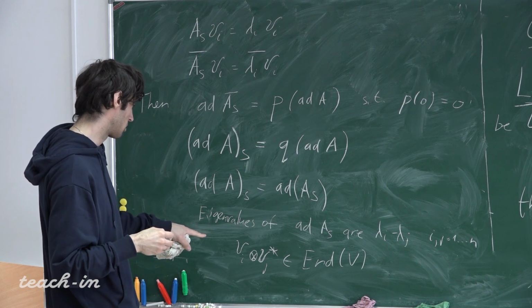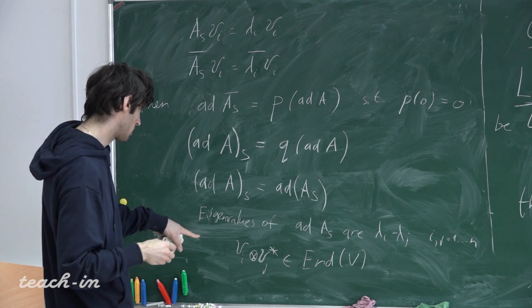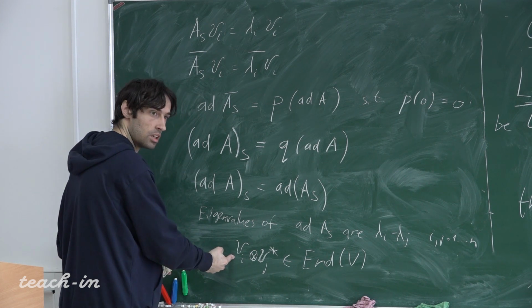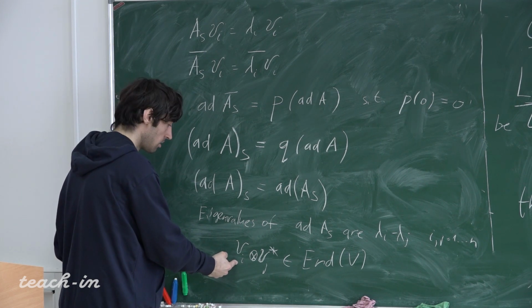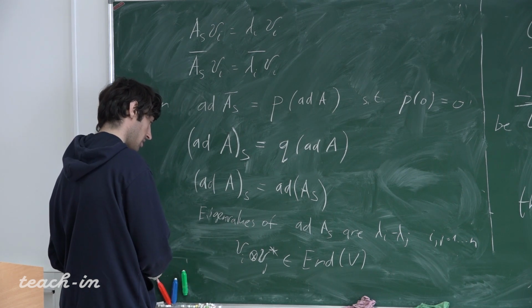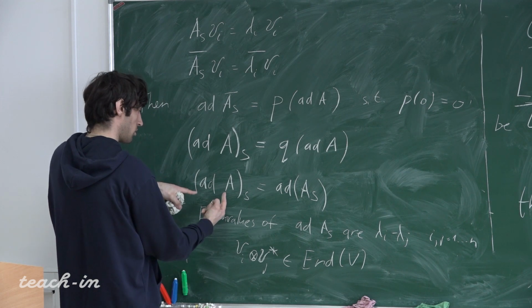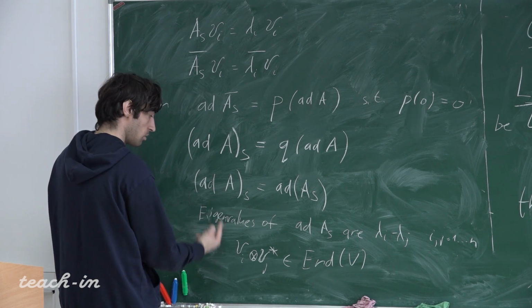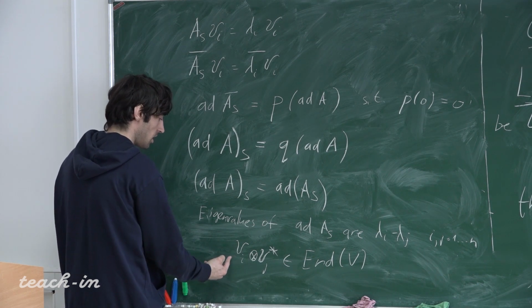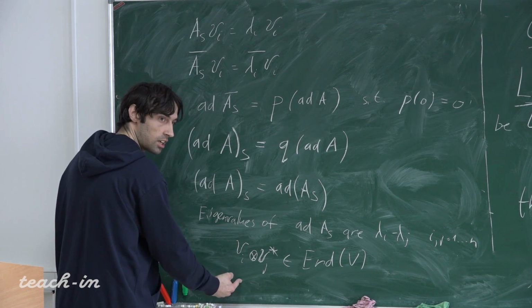But then taking a commutator with A, with this element, is the same as acting by the Leibniz rule on this thing.